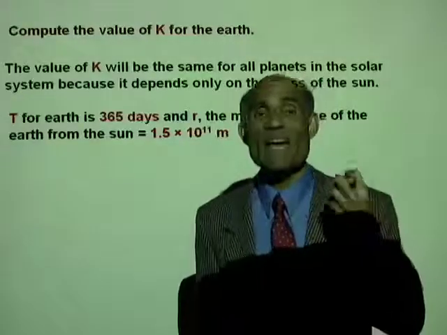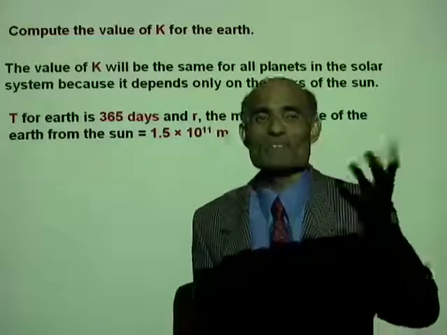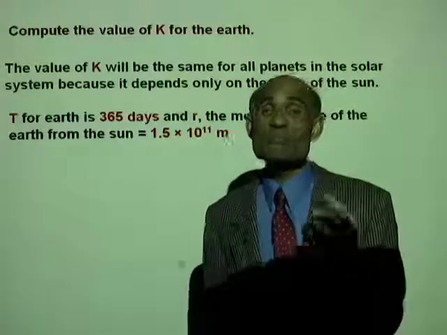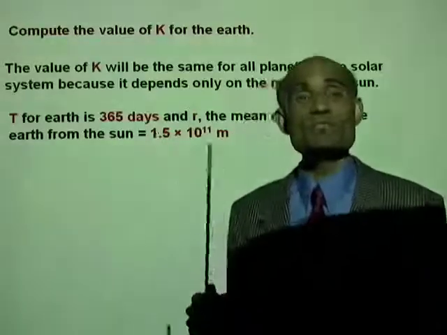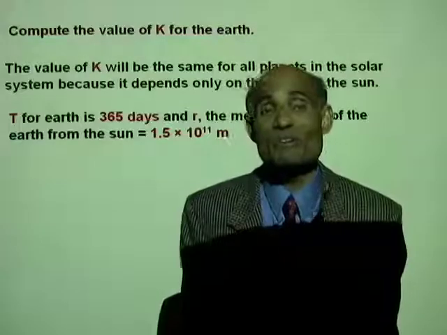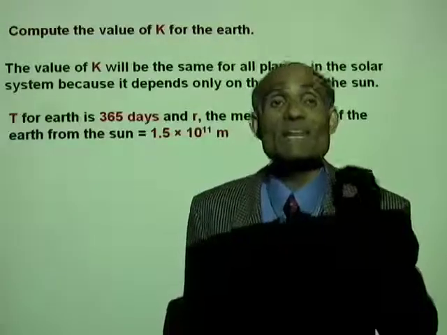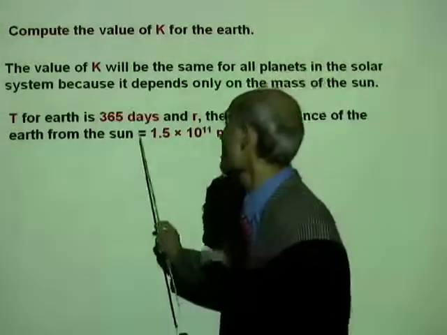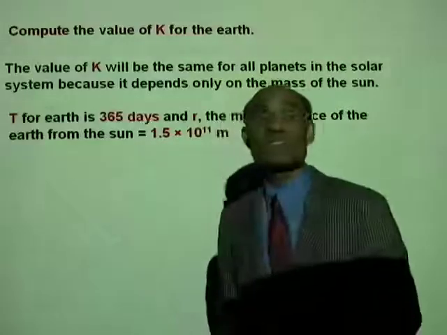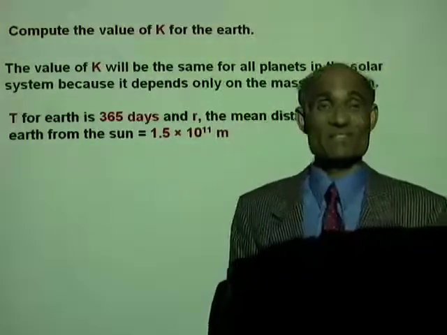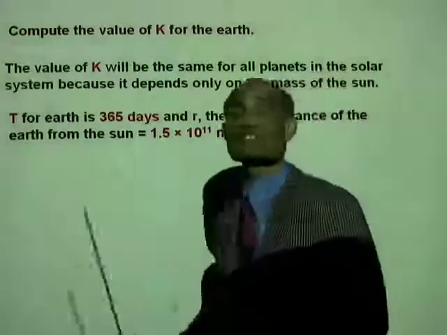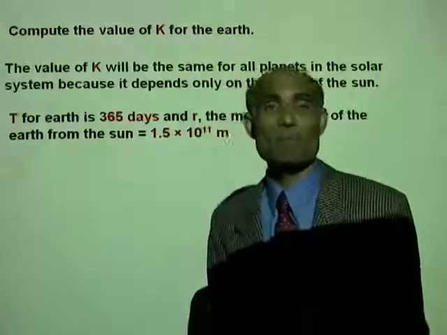It is called an astronomical unit. The mean distance of the Earth from the Sun is 150 million kilometers. That is 1.5 times 10 to the 11 meters. This is the average distance of the Earth from the Sun.